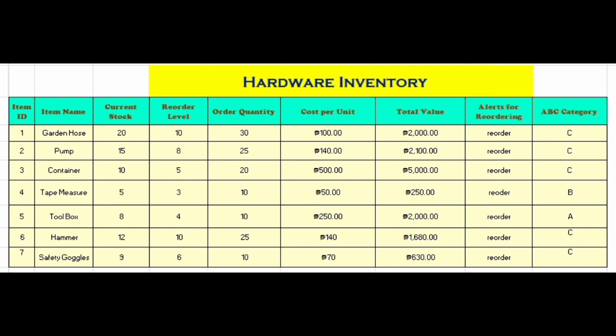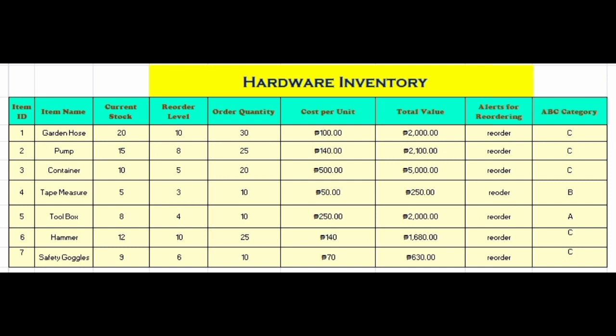As the current stock is below the reorder level of 10, an alert for reordering has been triggered and it falls into category C. And in the toolbox, with 8 units in stock and a cost per unit of 250 pesos, the total value is 2,000 pesos. The reorder level is 4 and as it's below its level, an alert for reordering has been triggered, so this is placed in category A.